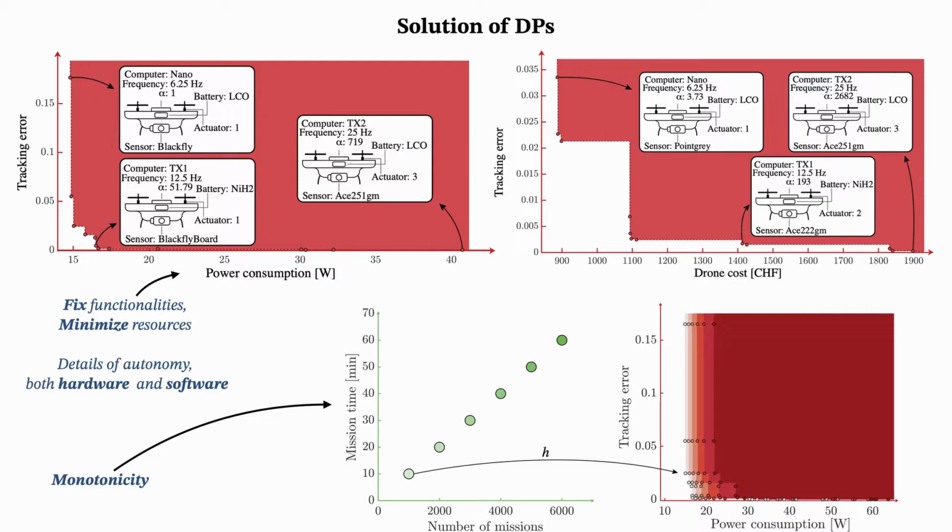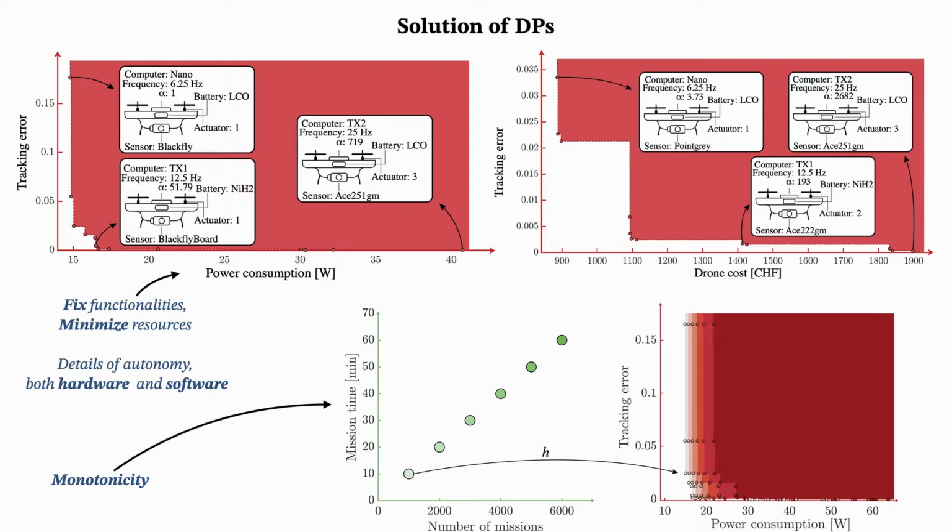For instance, you can notice that in order to achieve low tracking error, you will need to spend more energy and more money, and given these trade-offs, the user can decide where to stop on the curve. Second, you can see that for each optimal solution, we can characterize the heterogeneous design choices by listing the chosen computer, the frequency and the details of the controller, the chosen battery, actuators, and sensors.